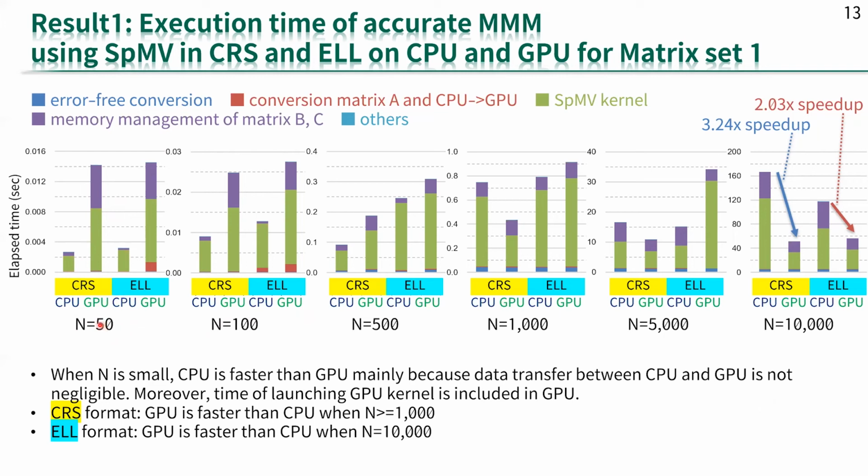In the case of CRS format, GPU is faster than CPU when n is greater than or equal to 1000. In the case of ELL format, GPU is faster than CPU when n is equal to 10,000. The maximum speedup ratio from CPU to GPU is 3.24 in CRS format and 2.03 in ELL format.